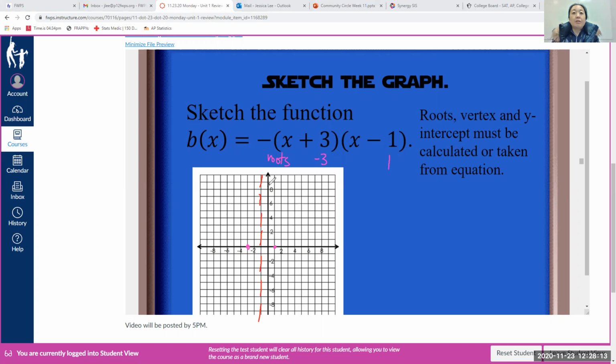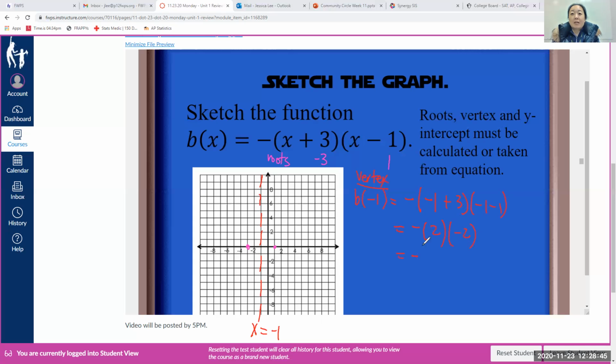Now we're going to figure out the vertex, because we don't know the vertex, but we do know that the axis is x equals -1. So let's plug it in. So this is the vertex. b of -1 is going to be -1 plus 3 and -1 minus 1. -1 plus 3 is 2, and -1 minus 1 is -2.